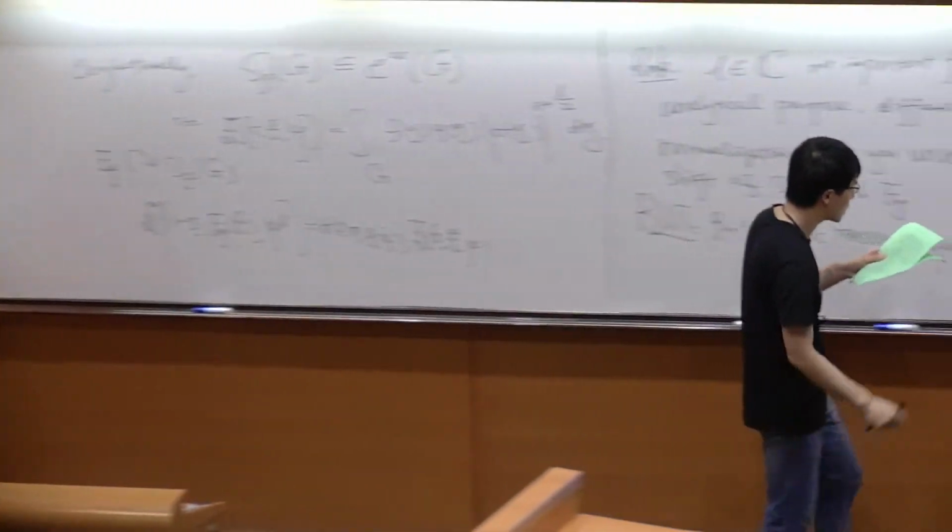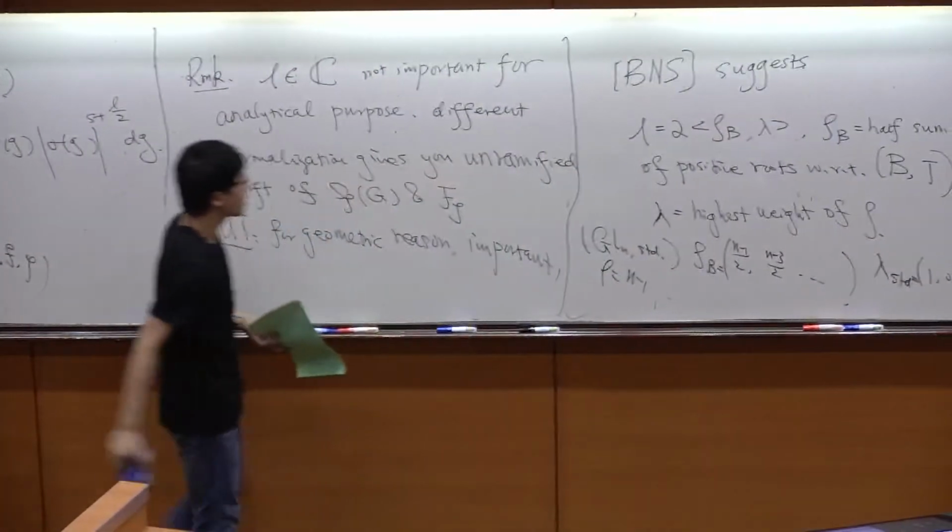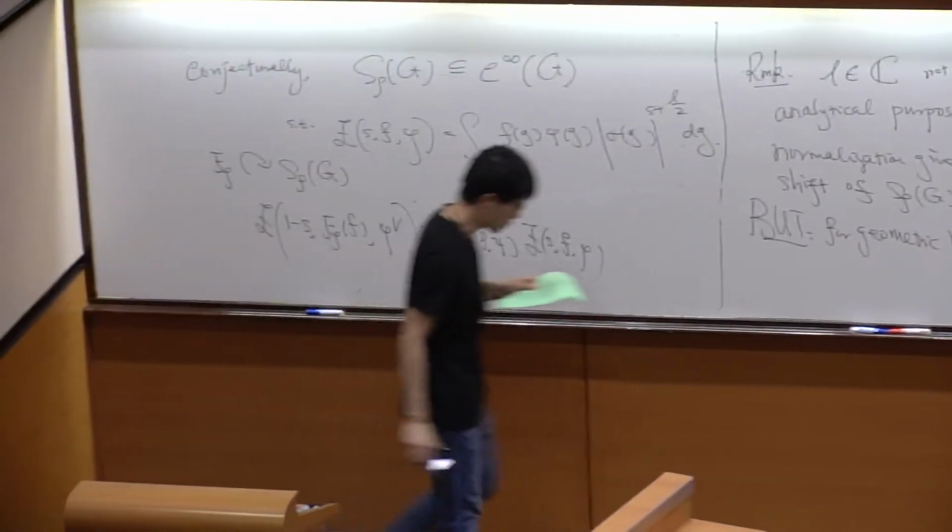Then let's try to explain more details, I mean, some basic structures for the Schwartz space and the Fourier transform.